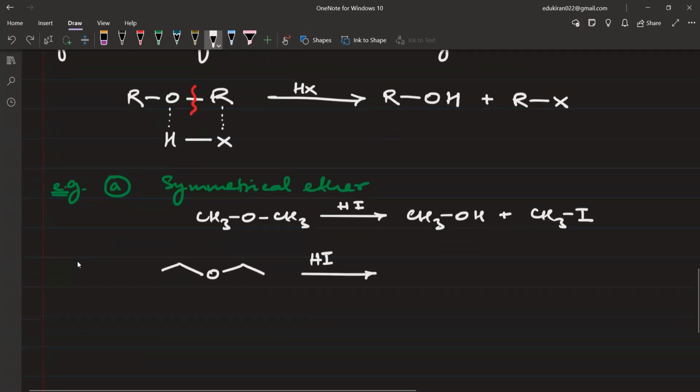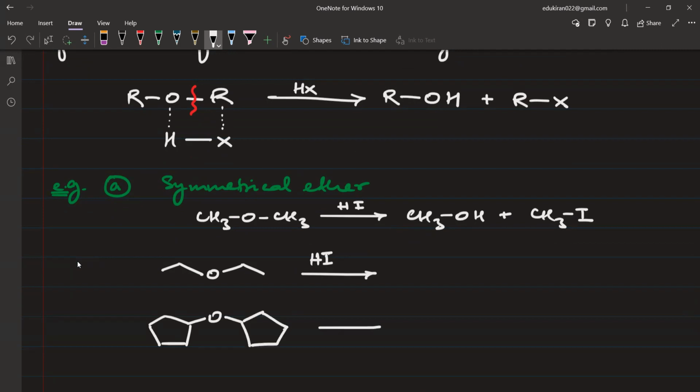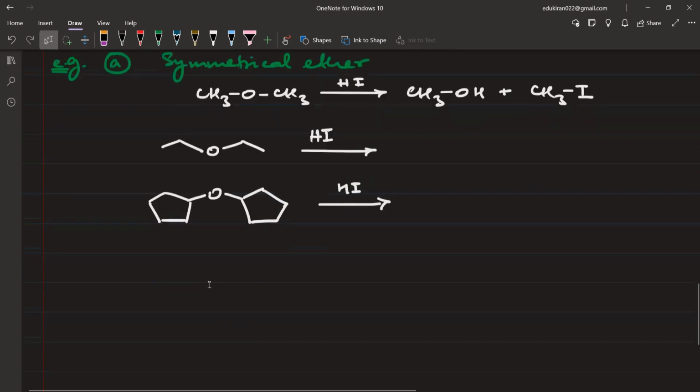I'm making some. The B part, you'll understand about the unsymmetrical ethers.